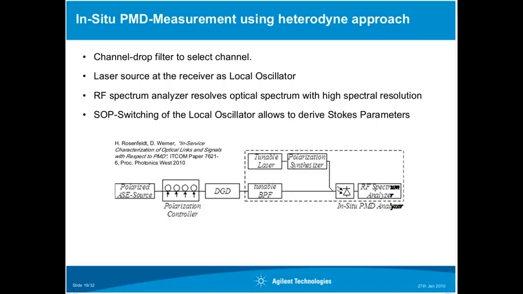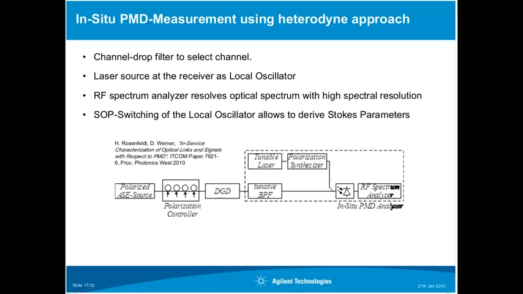This time you are not sweeping the laser. You are just doing the analysis in the electrical domain. You look at the RF spectrum, and you switch the polarization synthesizer to different polarization states. We are using 6 different polarization states, so one measurement consists of 6 RF spectra.